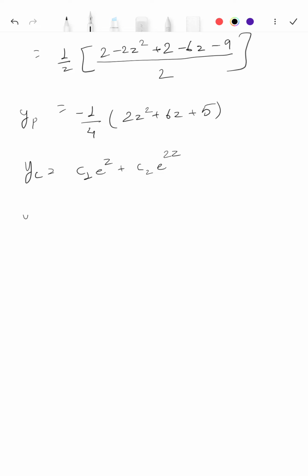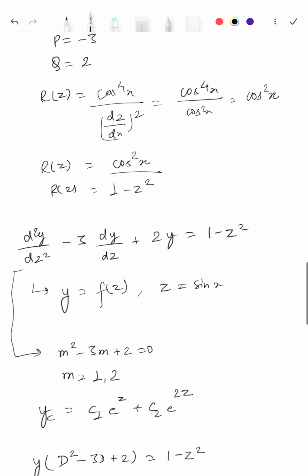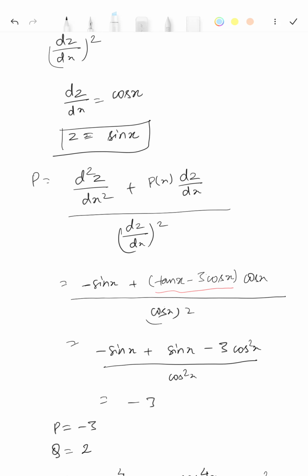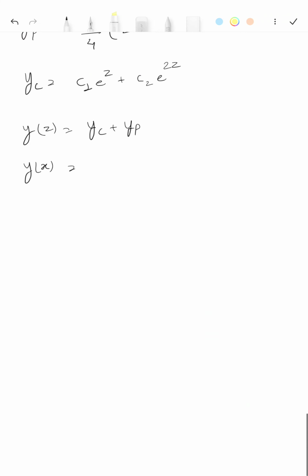So the general solution, y as a function of z, equals yc plus yp, and as a function of x we can just substitute the value of z. Our z is sin x, so we substitute z equals sin x here.